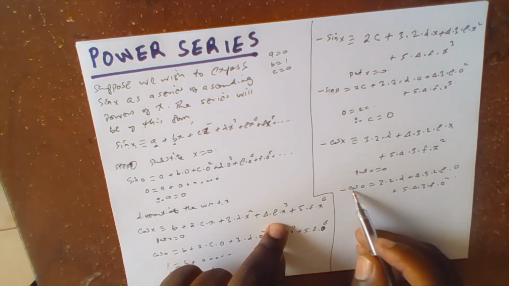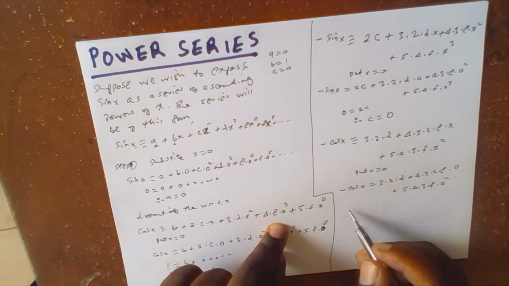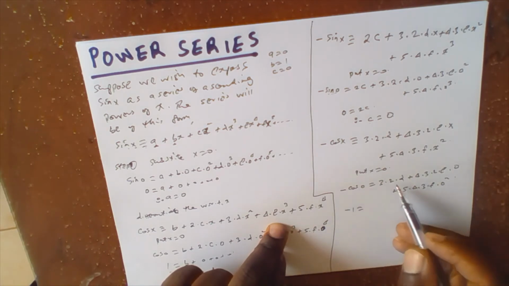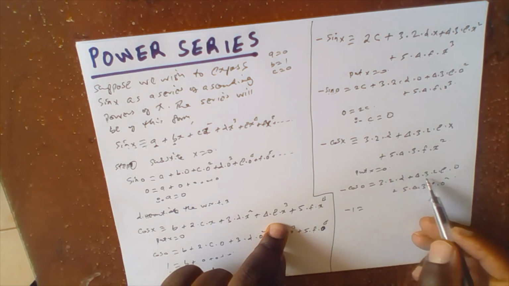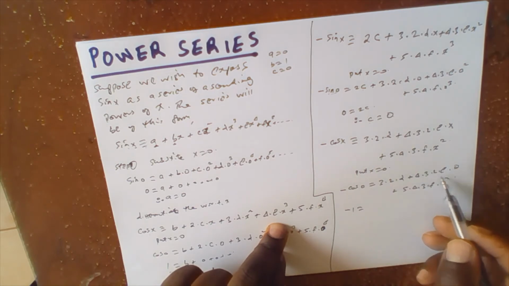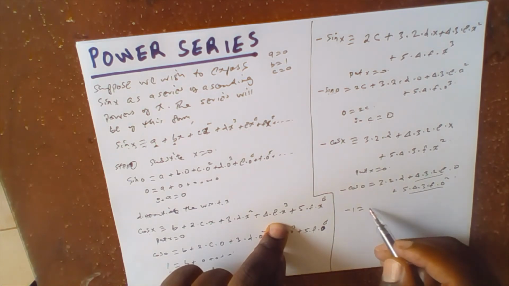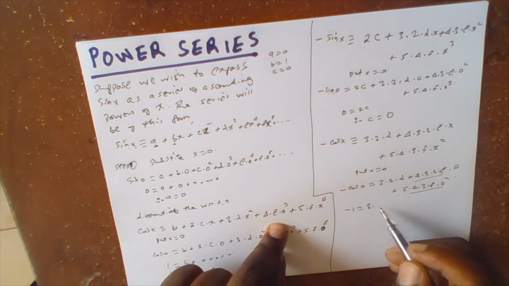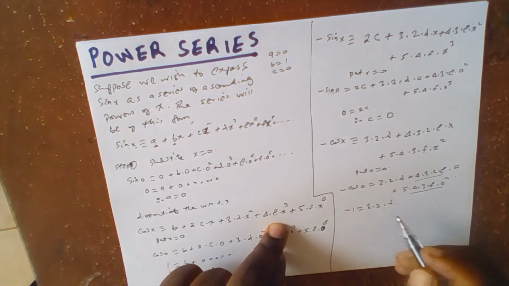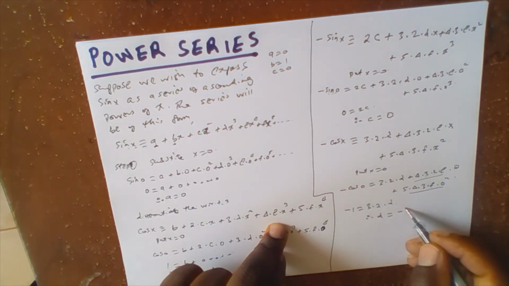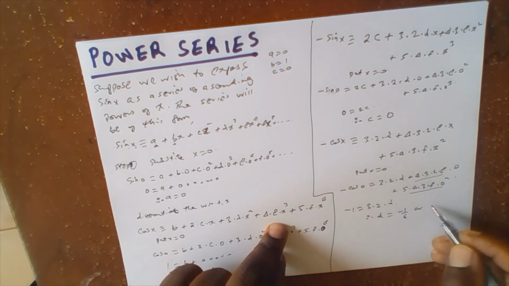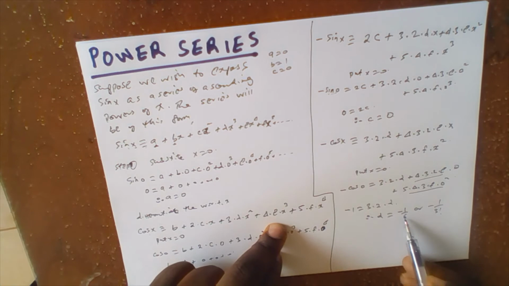So cos 0 is 1, we have negative 1 equals to... Because we are multiplying by 0, this will be 0, this will be 0, we remain with the 3 times 2 times d. Therefore, d equals to negative 1 all over 6, or negative 1 all over 3 factorial. Remember, 6 is the same as 3 factorial.